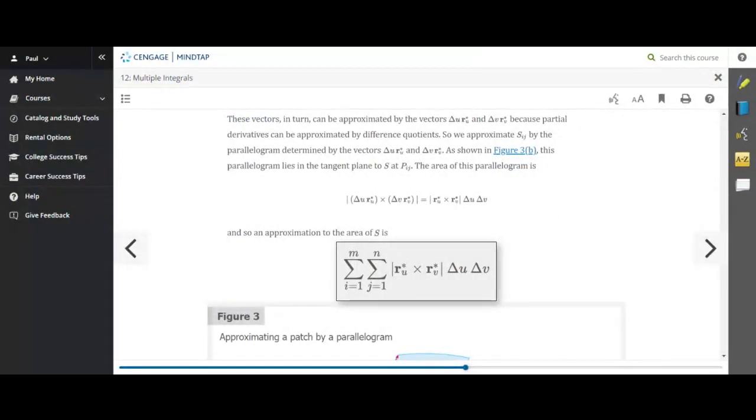So the approximation of the area of the surface is equal to the double sum where you're adding up all the little areas of the parallelograms. So far, so good?